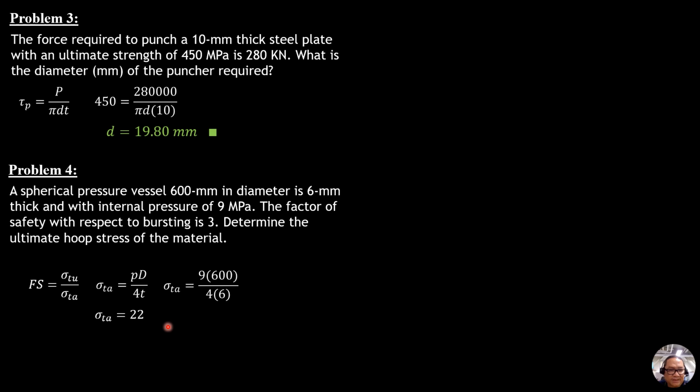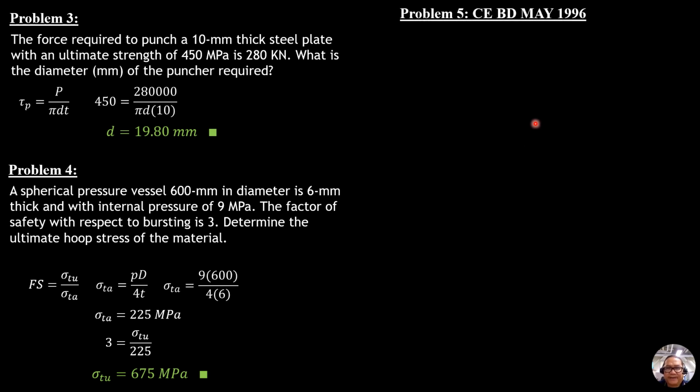So that is equal to 225 megapascals. Therefore, substitute into this formula, 3 equals sigma Tu over 225. So sigma Tu equals 3 times 225 and that is equal to 675 megapascals.